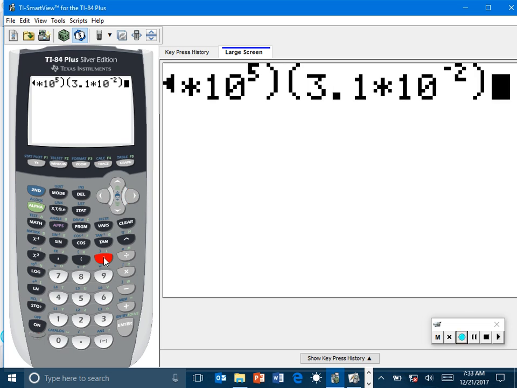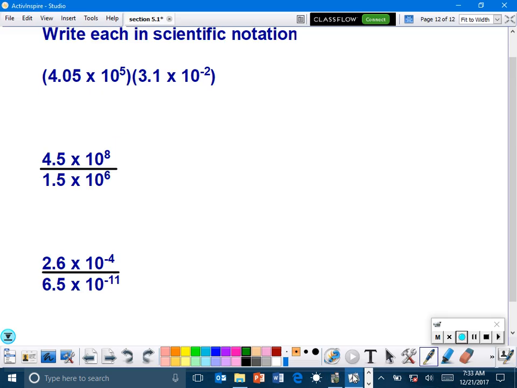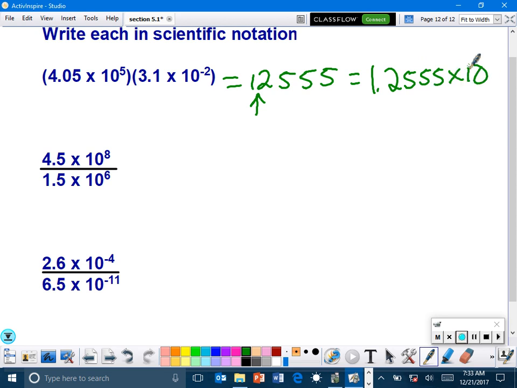So just type it in like you see it. You're going to get an answer: 12,555. Again, if your calculator's in scientific notation mode, it will do it for you. Just remember to write it correctly. We want the decimal right there, times 10 to the 1, 2, 3, 4 to the fourth power.